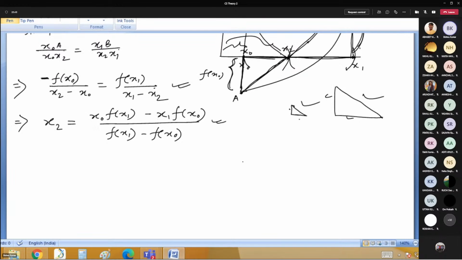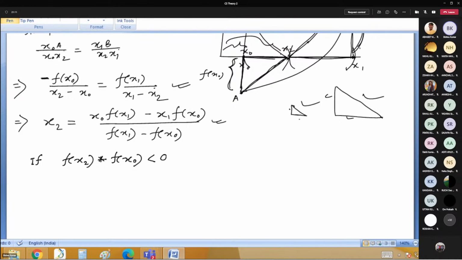Okay, so let me check what I am doing here. If f of x2, you are calculating at x2 the functional sign and comparing with f of x0, let me say this is less than 0.